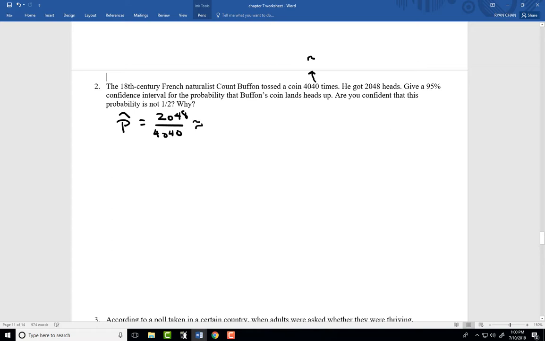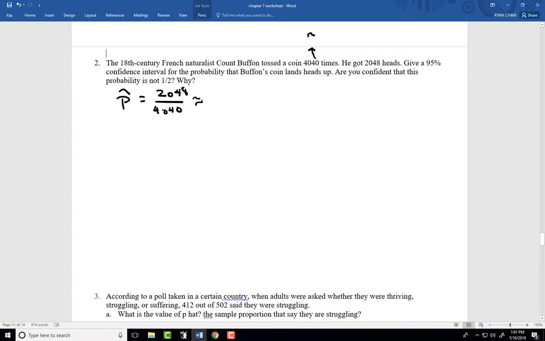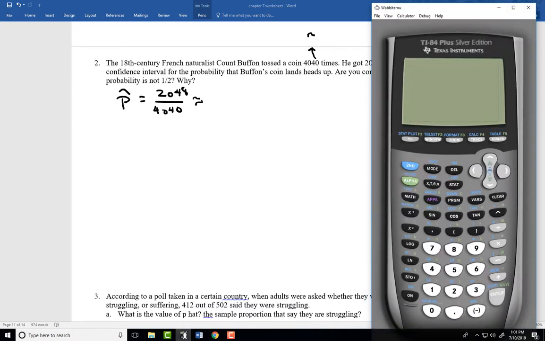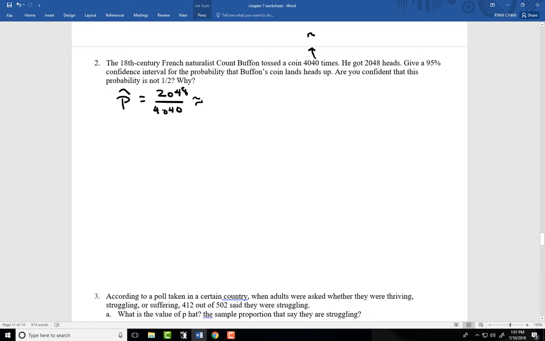And you will see this, so they may ask you to calculate that out. You'll take your calculator and divide by your total number. So this is 0.5069.